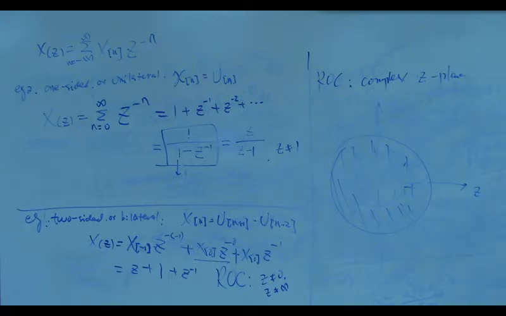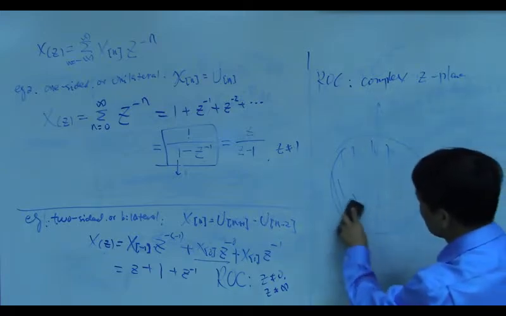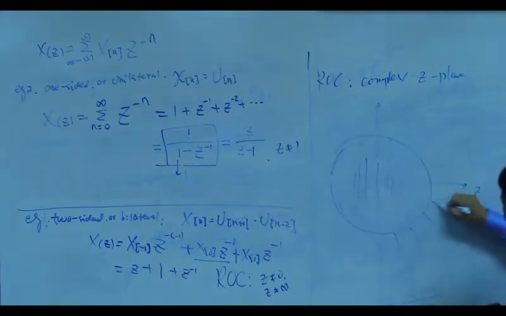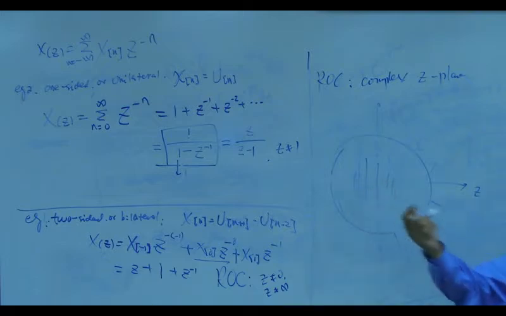How about this one? The region of convergence will be like this, here, inside this, and outside this. Well, that's not going to work. All the region of convergence must be connected. These two are not connected. So the region of convergence is either inside the circle, or outside the circle, or a ring.